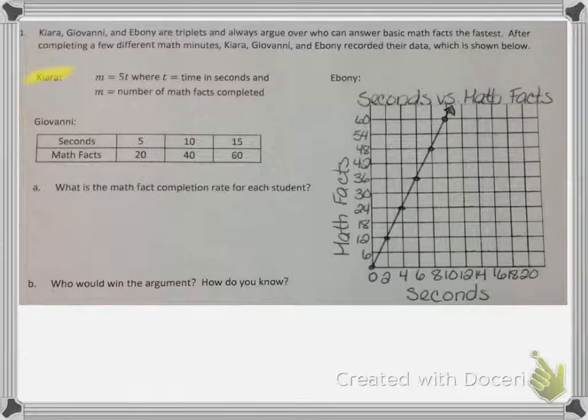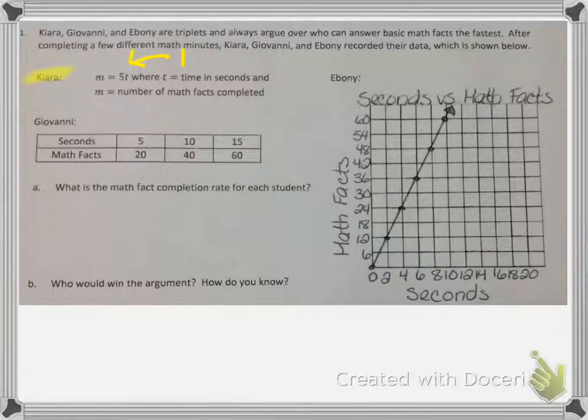If we use this equation, we could find out what happens if Chiara did math facts for 1 second. We could substitute a 1 for the t, and this would be 5 times 1, which is 5.